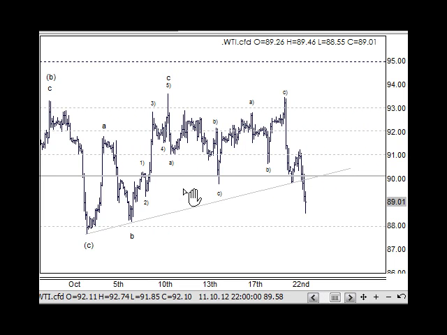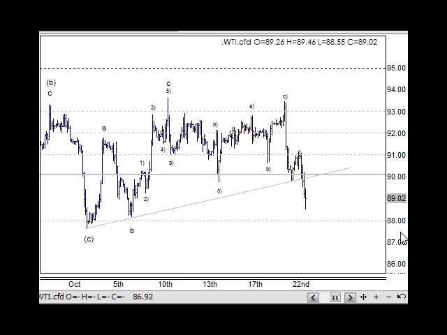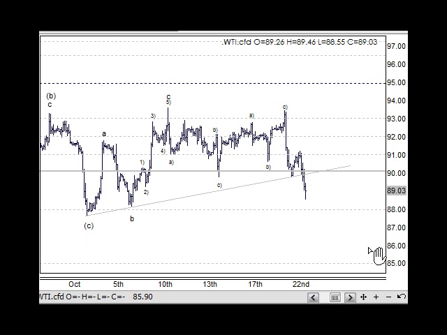But it's important to understand that because it's corrective, that low will eventually be taken out as well. So we may see another retest of this trend line here of the 90 and the trend line through here before we see further downside. But the 86 here, this area down here, is what we'd be looking at for that.